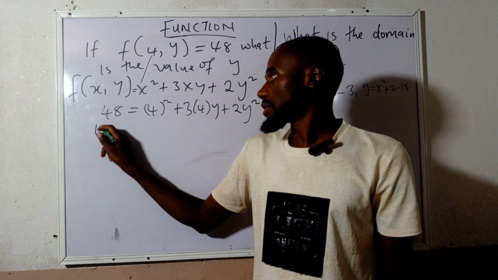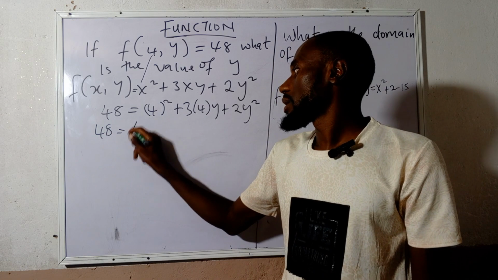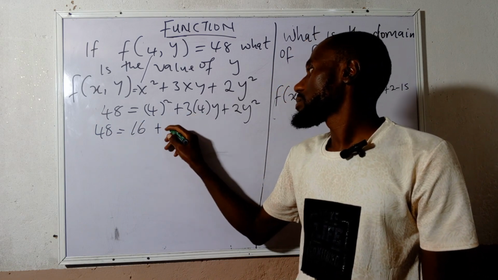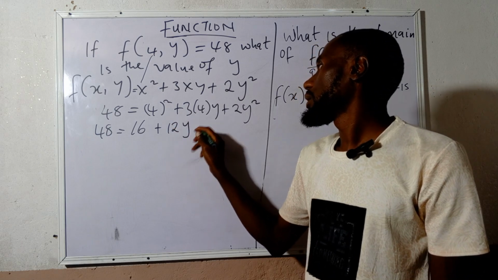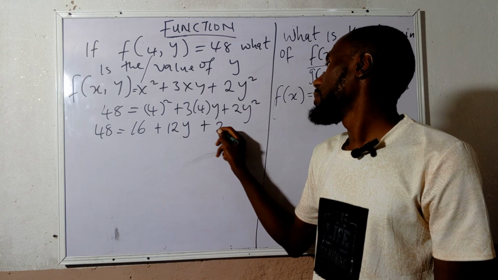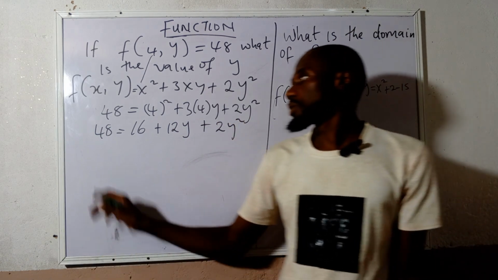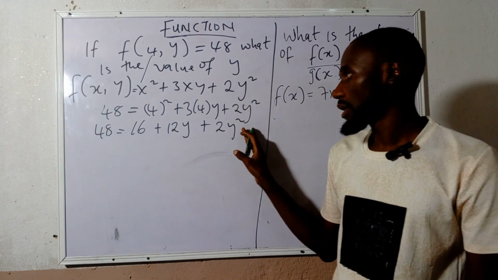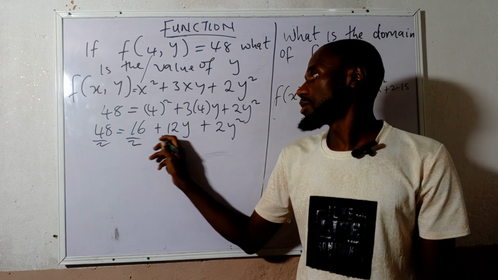Then we have 48 equals to 4 squared, here is 16, plus 3 times 4, this is 12y, plus 2y squared. Then we are going to divide both sides by 2 since all the numbers are even.